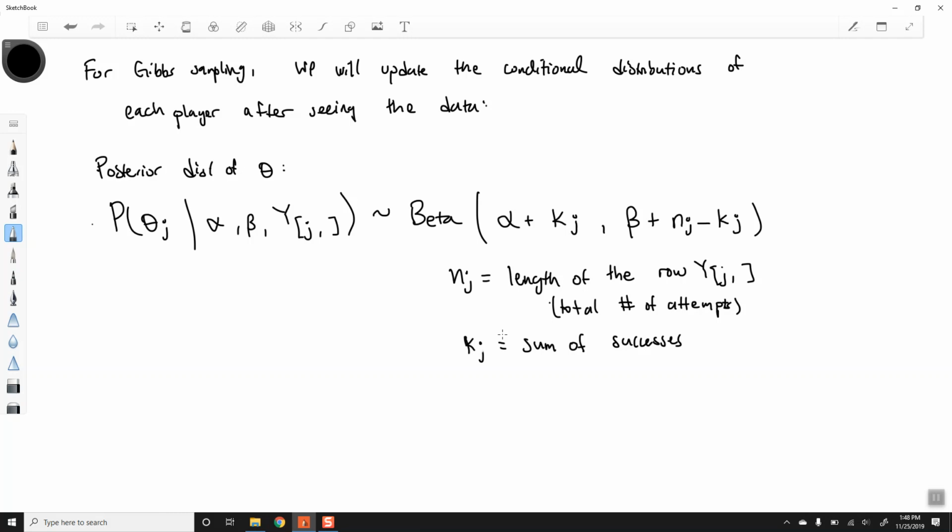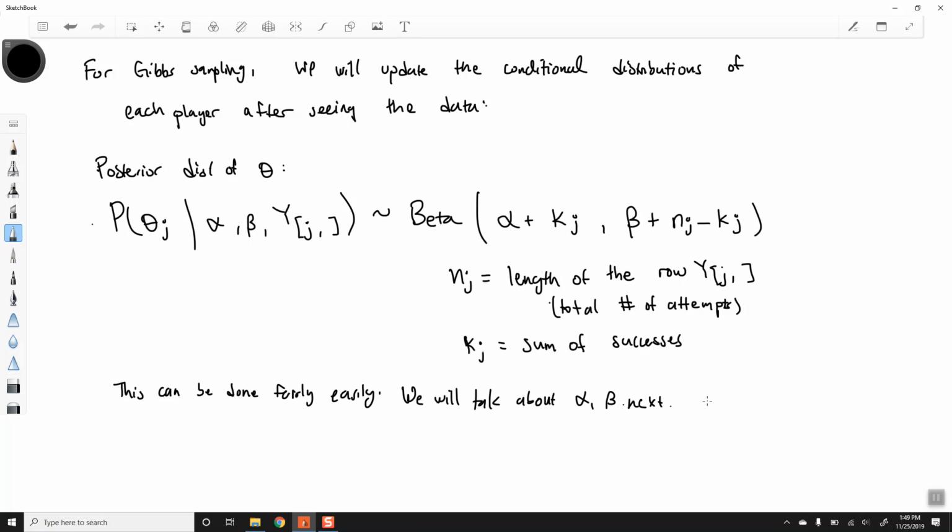Okay, and so this can be done fairly easily, all right, and we'll talk about alpha and beta next, okay? But you would do this repeatedly, so you would get many draws of this theta using the posterior distribution.